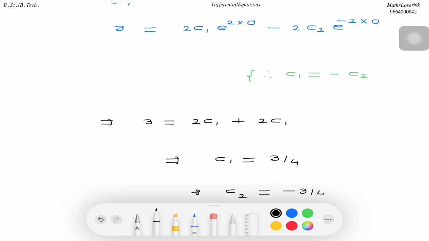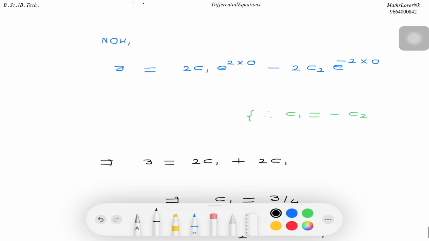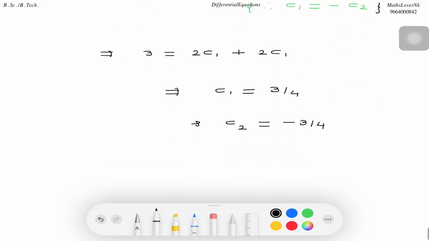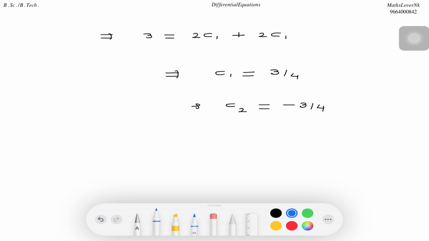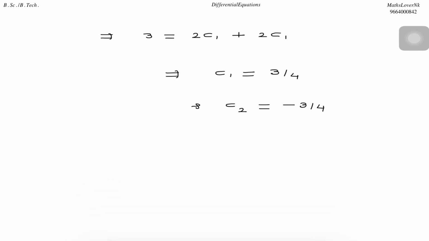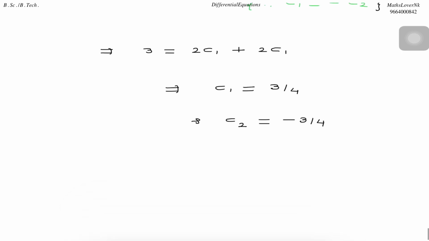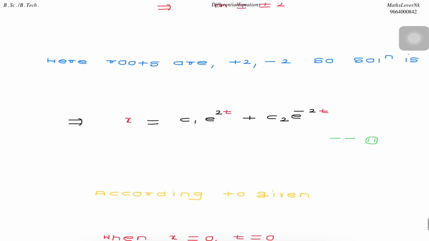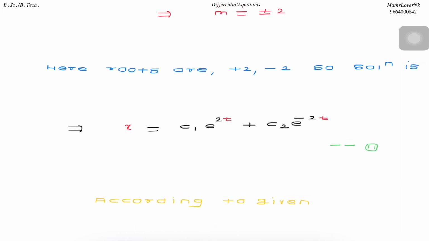Now the solution is x is equal to c1 e the power 2t plus c2 e the power minus 2t.